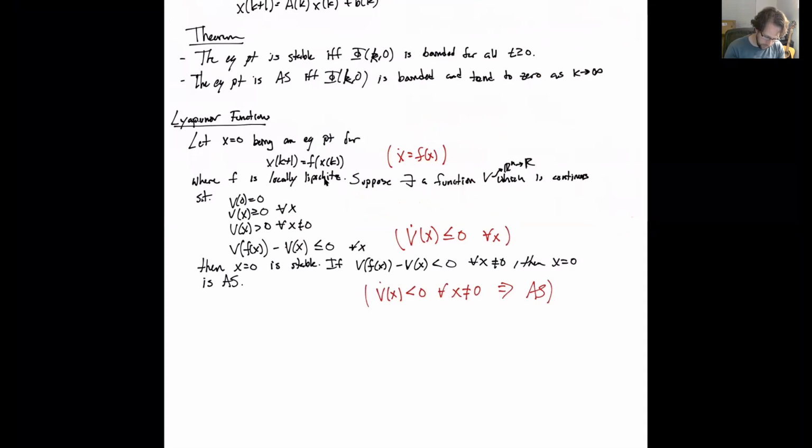So the last thing I wanted to talk about is using Lyapunov theory for linear time invariant systems, kind of following the same stepping process that I did for continuous time systems. So let's look at Lyapunov for LTI.